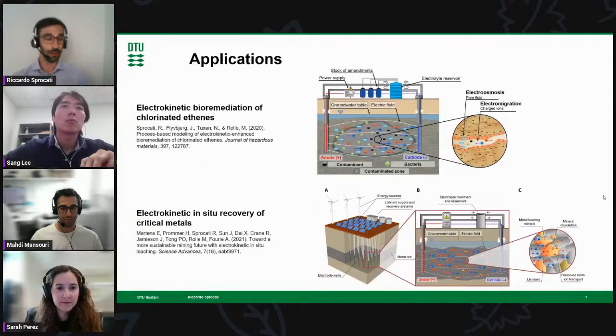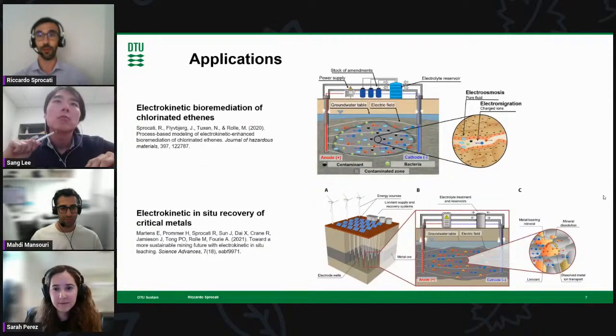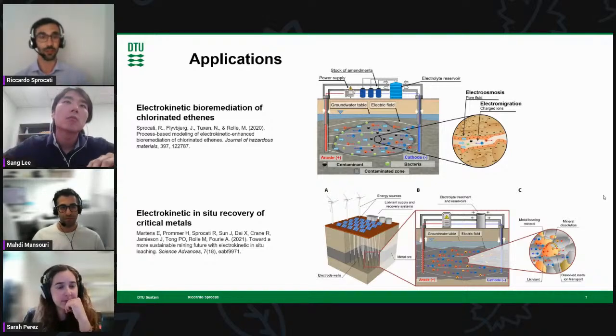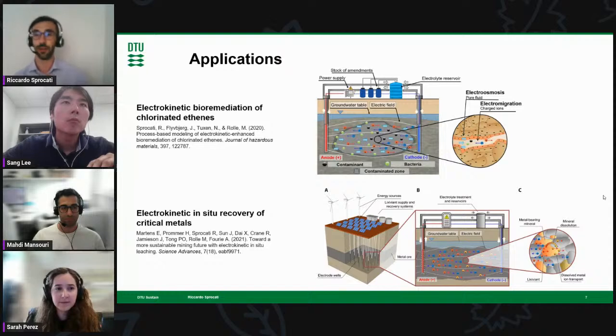The main applications of electrokinetics, or the ones that have been studied the most, are for the remediation of contaminated sites. In my research at DTU, we did several experiments and investigations about it. One, for instance, involved electrokinetic barrier remediation of chlorinated solvents, in which electrokinetics was used to deliver an electron donor, lactate, which is negatively charged, by electromigration.